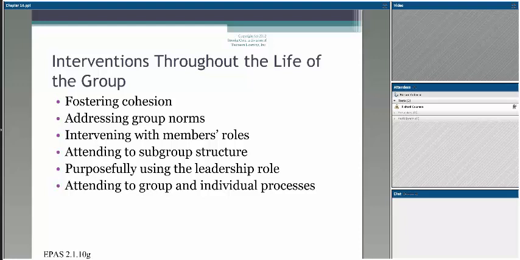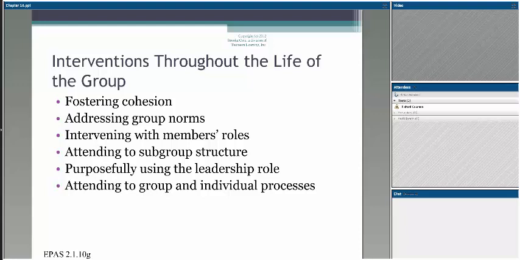Also, as we think about the group series, we've researched it, we put a plan together, we recruited the folks that we want to be in our group. We have a purpose, we have a mission, we have funding, we have space. We've worked through the logistics. And so now as we think about these various stages of development for this particular group that we shared a couple of slides ago, we need to also think about what some of the interventions are that we need to be paying attention to throughout the life of the group.